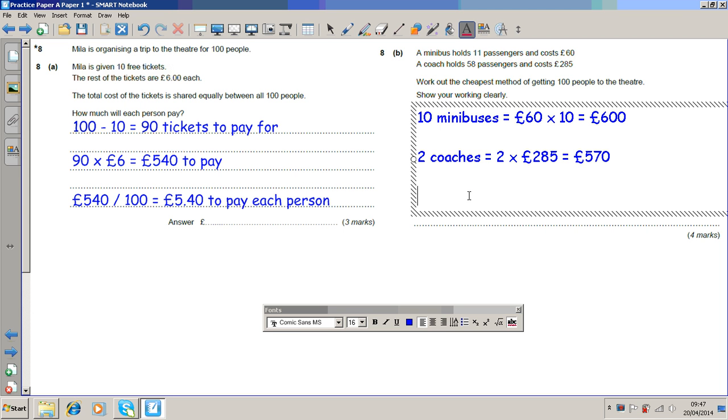However, we could do a mixture. If we've got 1 coach is 58, then it's 42 people to go, so we'd need 1 coach plus 4 minibuses. So that's going to be £285 for the coach plus 4 lots of £60.